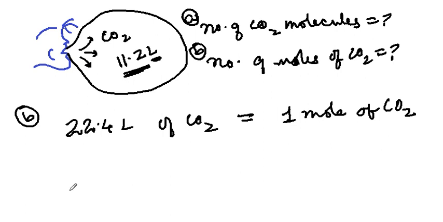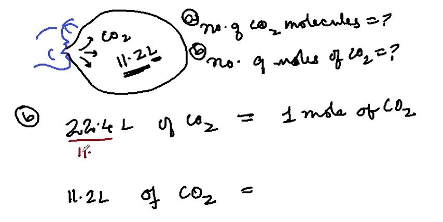So what they are asking us is the number of moles that is there in 11.2 liter of carbon dioxide. So let's divide it by 22.4 on both the sides.